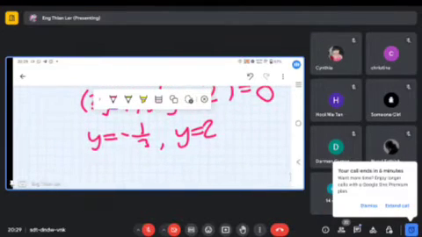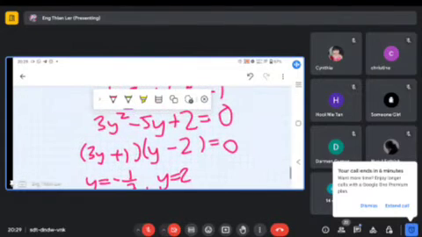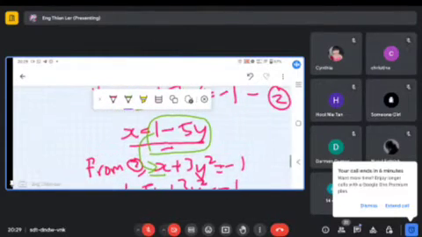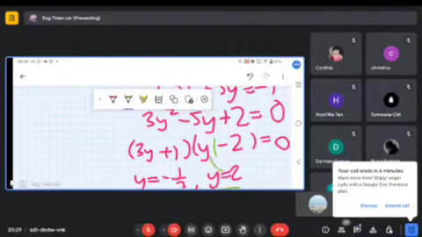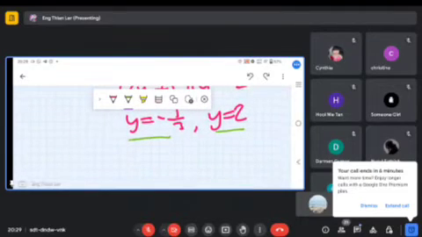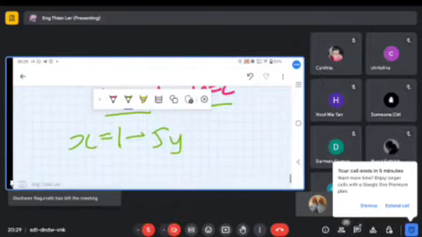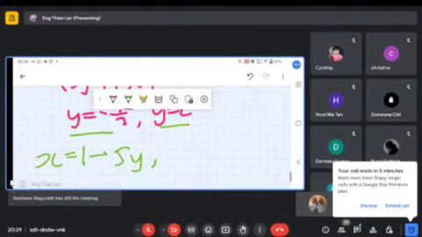Now we have two y values, but it's not done yet. We still have two x values. Remember, x equal to 1 minus 5y. So we're going to substitute both values of y into x.